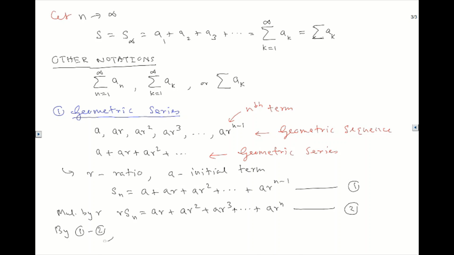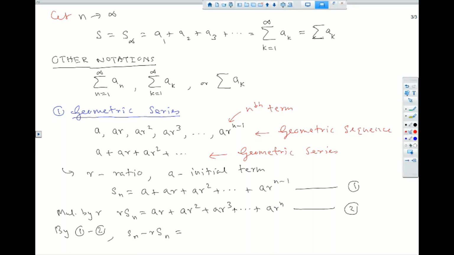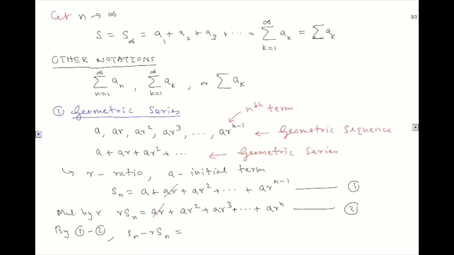If you subtract these two, on the left side you get Sn minus rSn. On the right side you can see that those terms get cancelled. ar cancels with ar, ar squared cancels with ar squared, and each term cancels with the corresponding term on the other side.